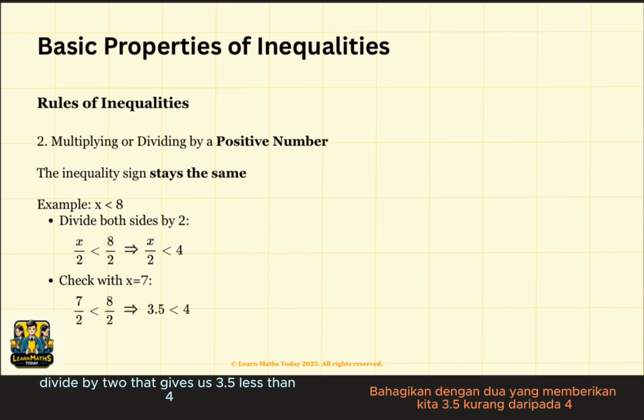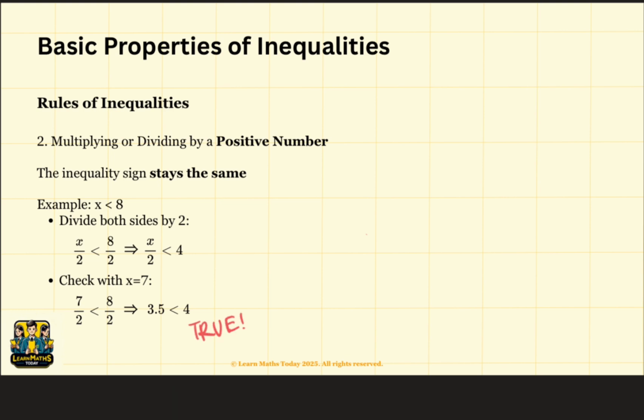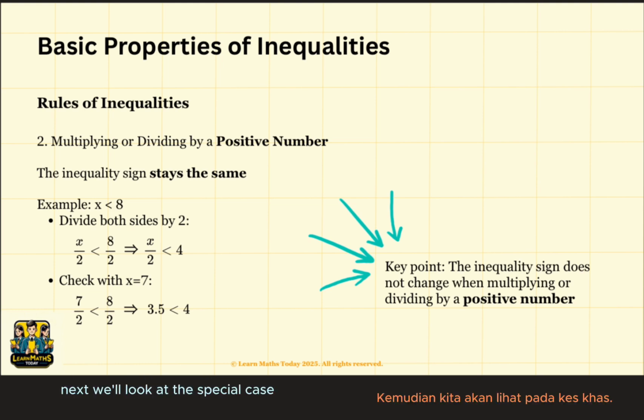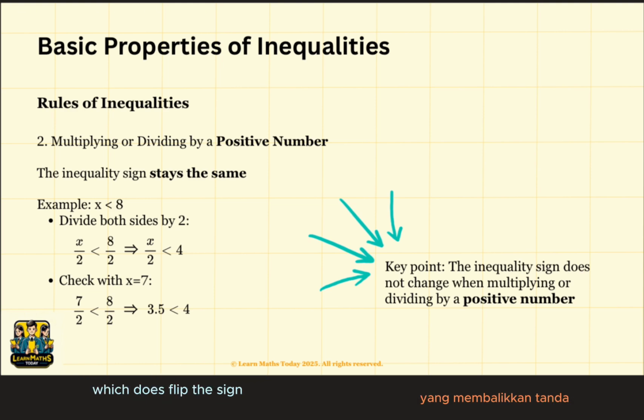That gives us 3.5 less than 4. This confirms the inequality is still valid. Key point: the inequality sign does not change when multiplying or dividing by a positive number. Next, we'll look at the special case, multiplying or dividing by a negative number, which does flip the sign.